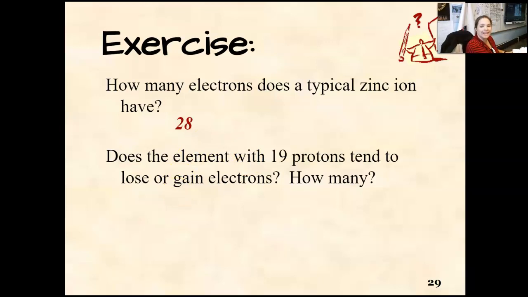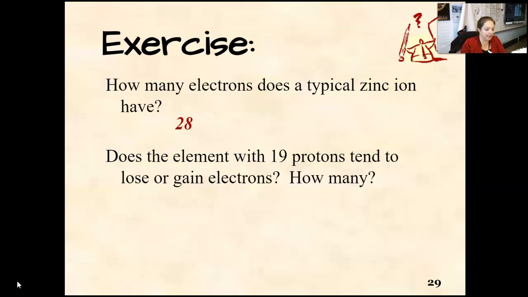In your reference table, page 9, zinc, the Zn right there, says it's +2, which means it tends to lose 2. Even though the proton number is 30, which is what I automatically said, it tends to lose 2, so its typical is 28.